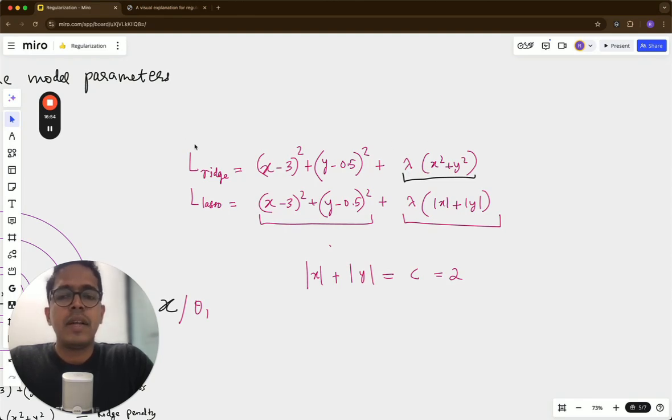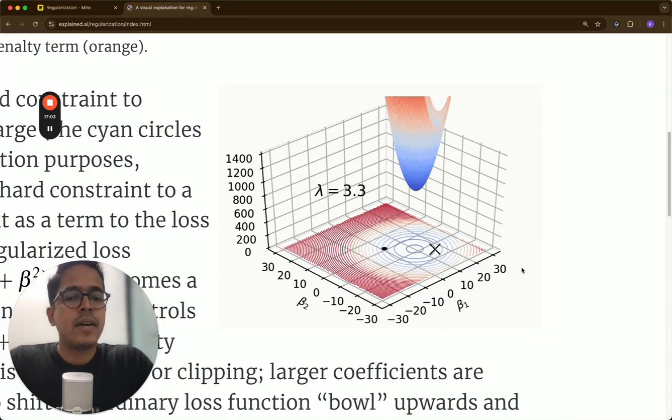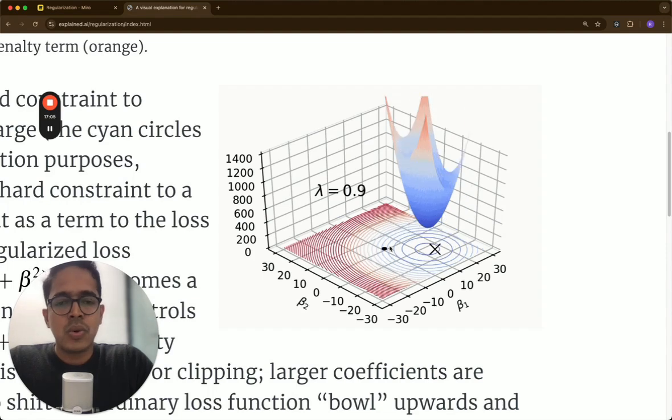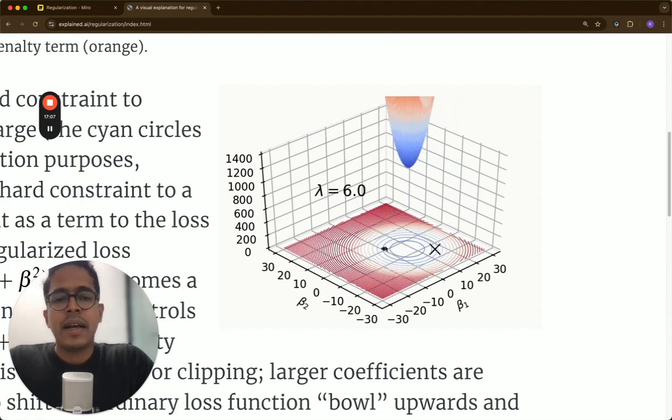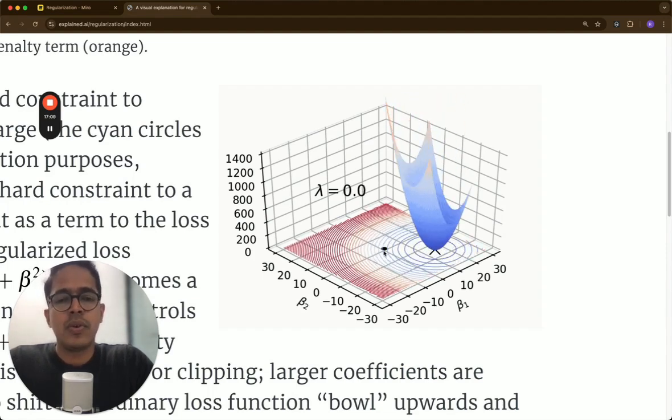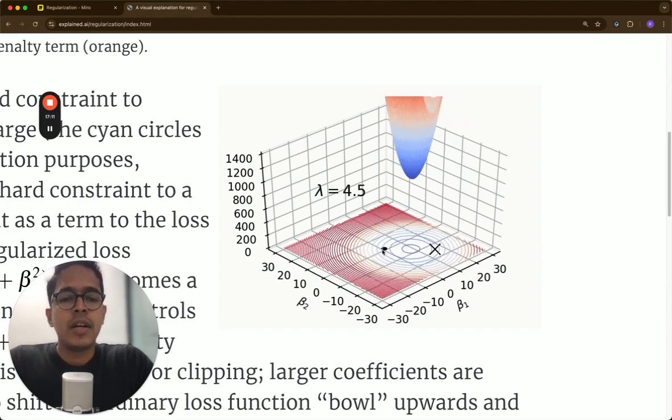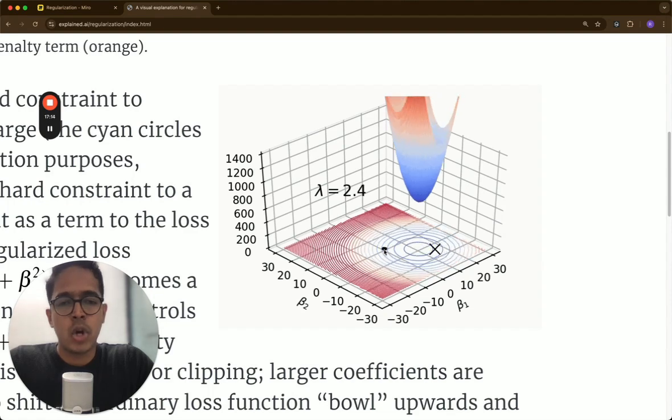So the minima of the entire loss function would be the minima of this term. And what is the minima of that? x equal to 0, y equal to 0. In this example that we are discussing, beta 1 equal to 0, beta 2 equal to 0. So when lambda is very, very high, then beta 1, beta 2 for the overall loss to be minimum should be closer to this black dot.